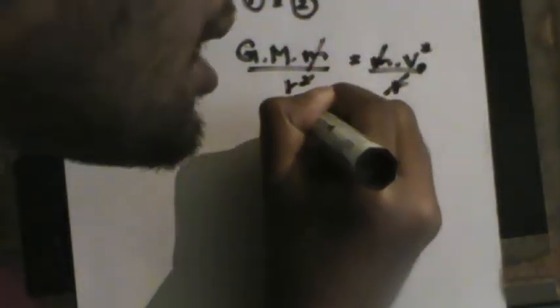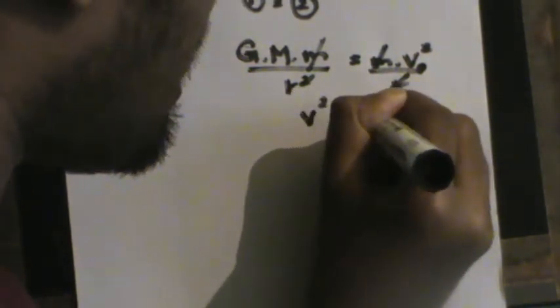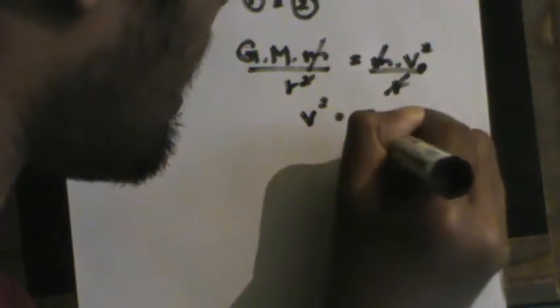So m is not equal to 0, r is not equal to 0, so one m will be cancelled and one r will also be cancelled. So v squared is equal to GM by r. So v is equal to root GM by r.